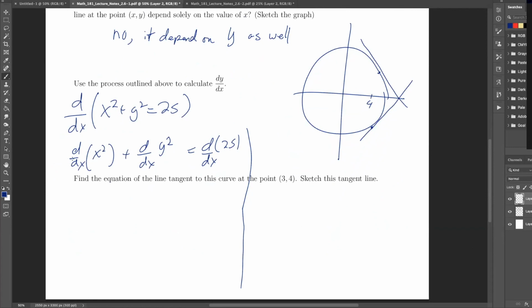So here, the derivative of x squared is just 2x with respect to x, right? However, the derivative of y squared, well, y is some function of x, right? y is a function of x. I don't know what that function is quite yet, right?